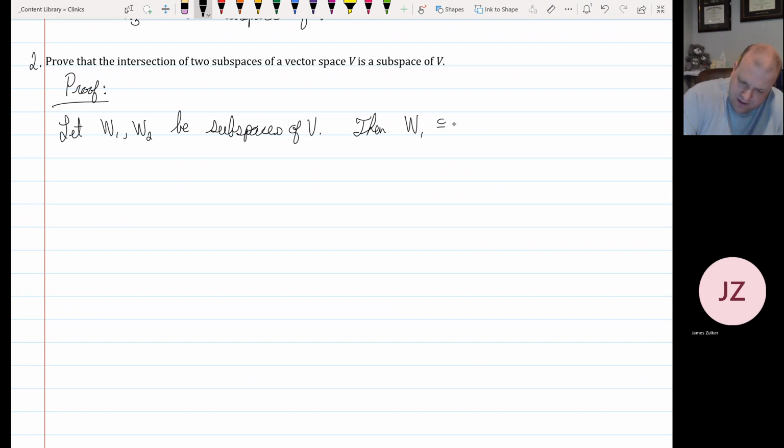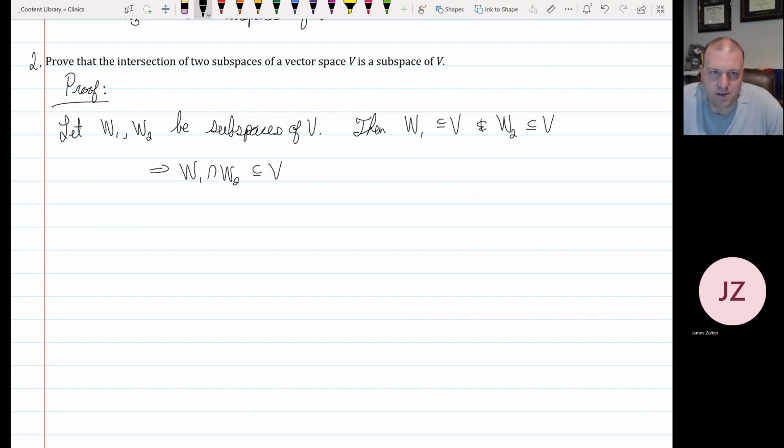This would mean that W1 is a subset of V, and W2 is a subset of V, which implies that their intersection has to be a subset of V, because remember, the intersection is all of the common elements. So if every element in W1 is in V and every element in W2 is in V, then all their common elements have to also be in V.